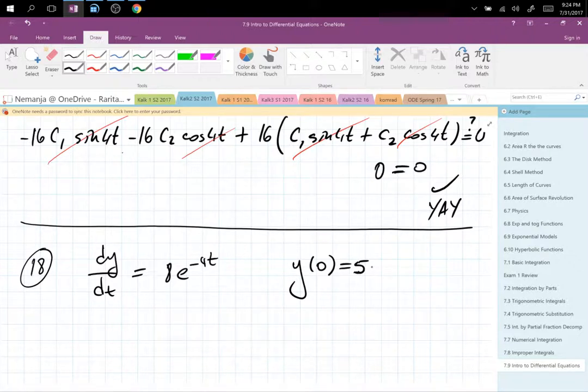For second order differential equations, you will have two of those, and you can find c1 and c2. Because you've seen the previous problem, for the second order you had two c's, right? They will be coupled with two initial conditions, and you will be able to find both c's.